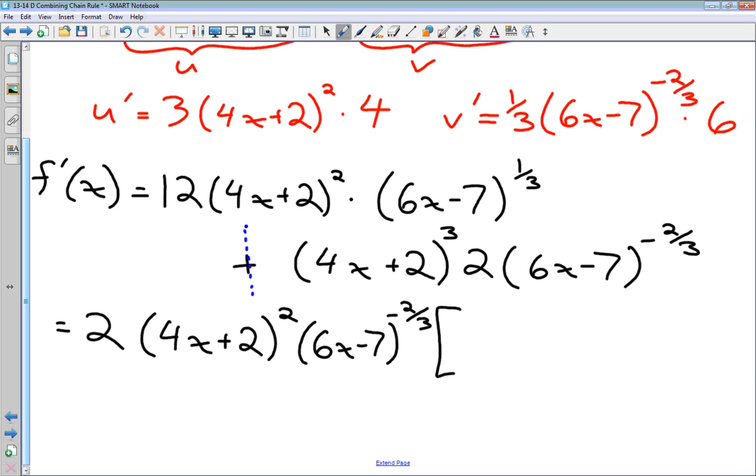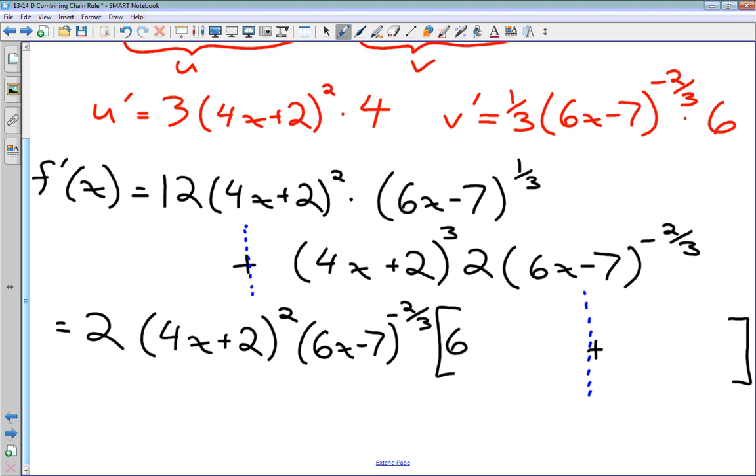And then we'll give ourselves some square brackets here, plus sign in the middle. And again, everything that's left over from that first term is going to go in front of that plus sign. And everything that's left over from the second term is going to go after it. So what's left over from that first term? Well, we factored a 2 out of 12, so we're going to have a 6.